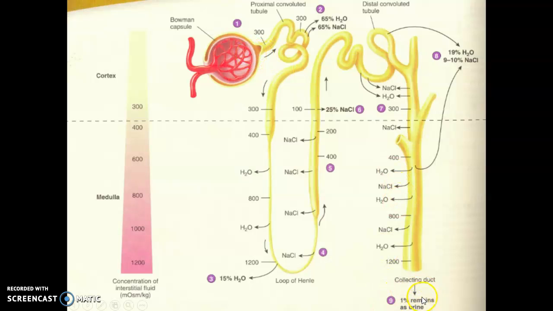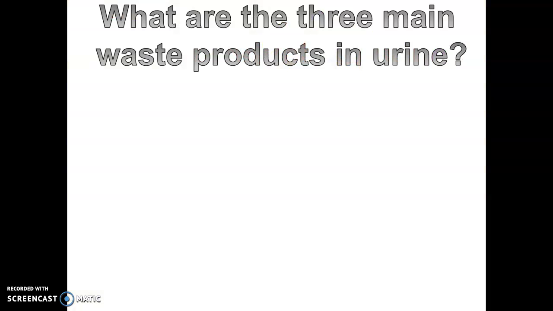Only 1% water remains as a diluent. That is to transport the waste out of the body. We're not desert rats where we pee this thick sludge. We use a lot more water to dilute our urine, so it comes out as pee, watery.